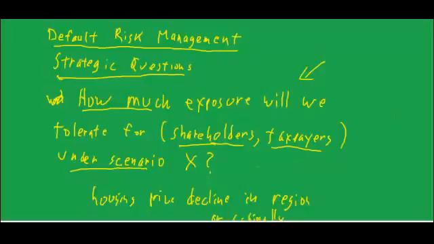And answering that question will let you know how many policies you'll write, how much risk you're willing to underwrite, how much capital you'll hold, and those sorts of very high-level strategic questions.